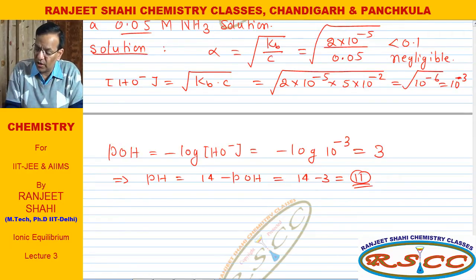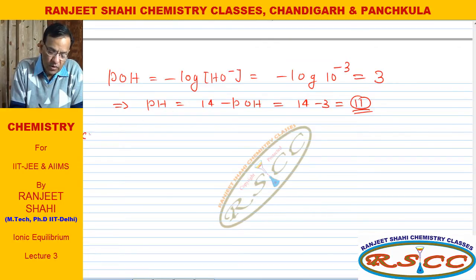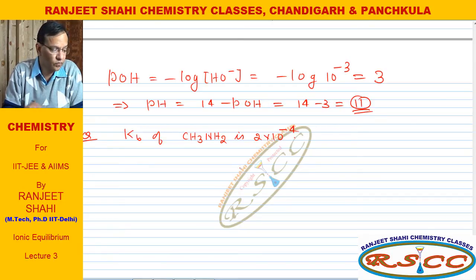Let us take one more problem of solution of weak base. Given Kb of CH3NH2, which is a weak base methenamine, is 2 into 10 raised to the power minus 4.